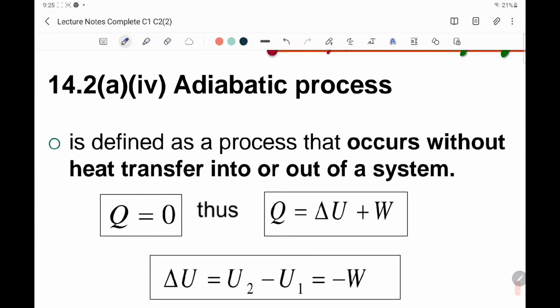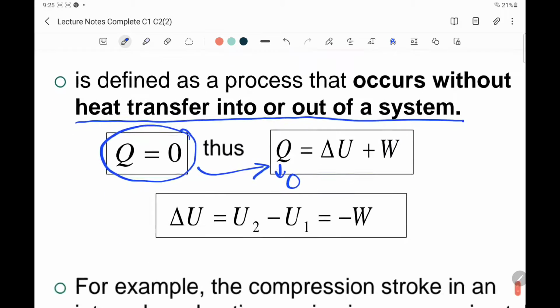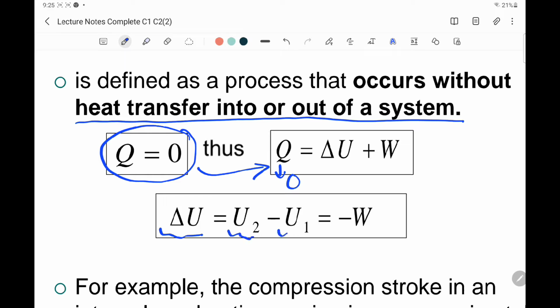(14.2a4) Adiabatic process. Adiabatic process is defined as a process that occurs without heat transfer into or out of the system. So Q, heat energy, is equal to 0. Thus, based on the first law of thermodynamics, Q is equal to delta U plus W. When heat is equal to 0, delta U is equal to negative W, which is the final internal energy U2 minus initial internal energy U1.